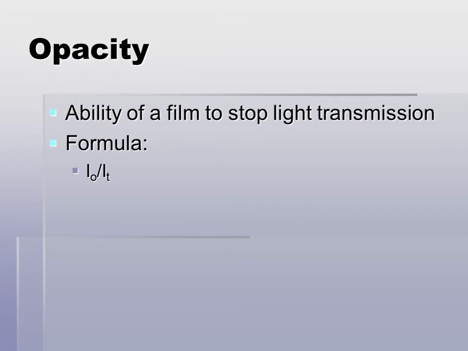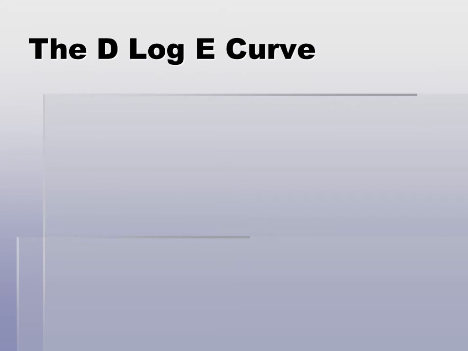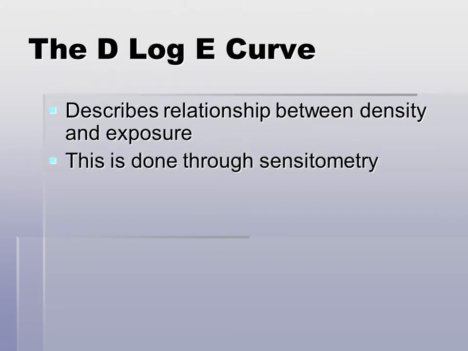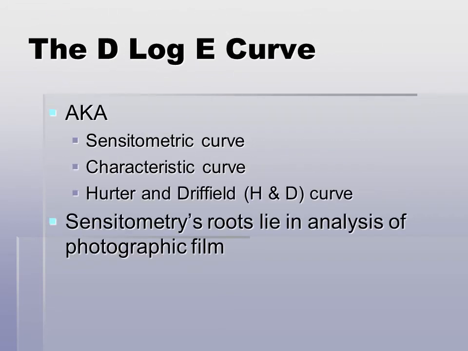The D log E curve describes the relationship between density and exposure. So again, D log E is density log exposure. This is done through sensitometry, also known as the sensitometric curve, characteristic curve, Hurter and Driffield or H&D curve.